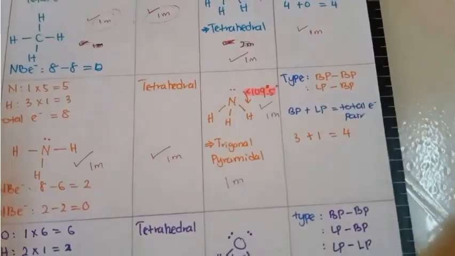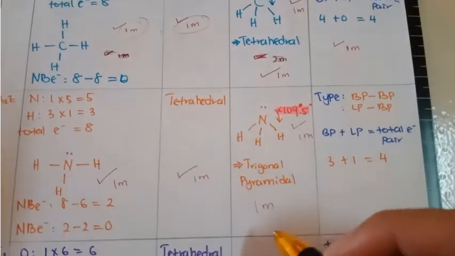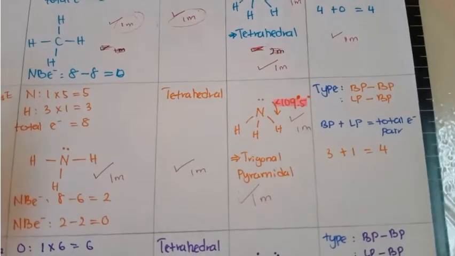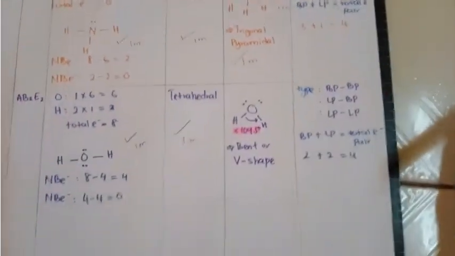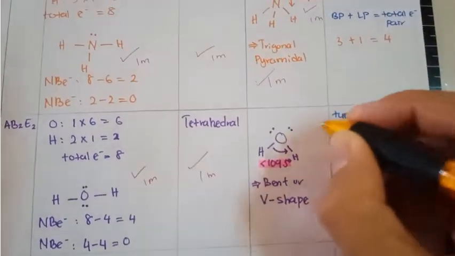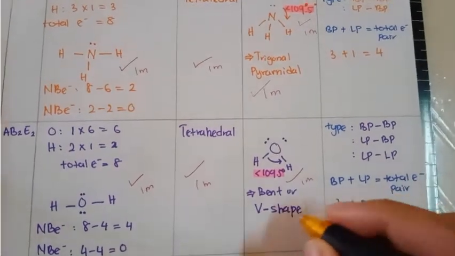Also for NH3, 1 mark for bond angle and 1 mark for the name. Also for H2O, 1 mark for the bond angle and 1 mark for the name.